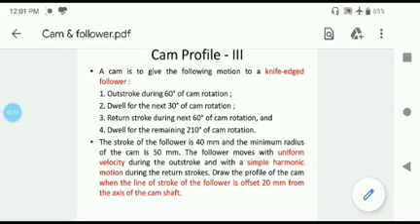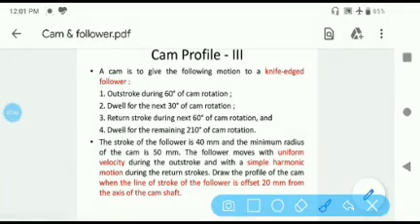The only difference in this question is regarding the alignment of the axis of the follower and the axis of the camshaft. Here the line of stroke of the follower is at a distance of 20 millimeter from the axis of the camshaft.